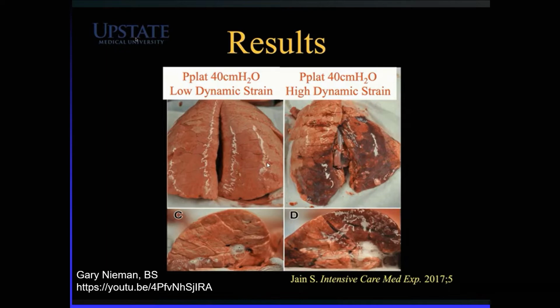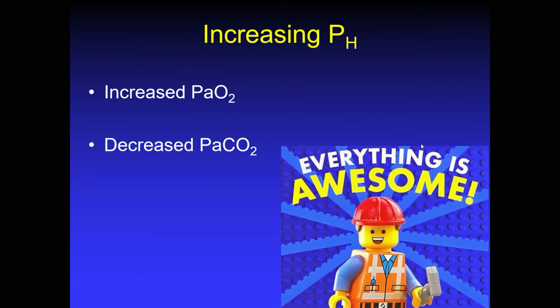Both were ventilated at high plateau pressures of 40, but only the animals subjected to high dynamic strain with frequent and repetitive opening and closing demonstrated injury. So to some degree, with P high levels or with the increased P high levels in TCAV, everything is awesome.